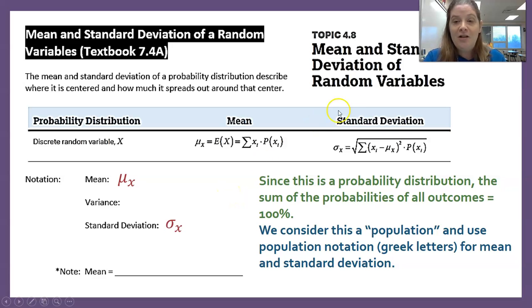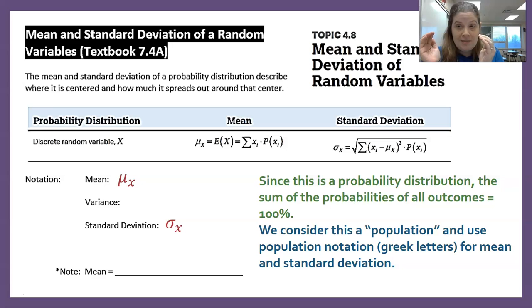As far as standard deviation goes, that's the other one on your formula sheet. That one is sigma sub x, so that Greek sigma instead of that lowercase s for sample. Okay, and to find this, it's every x value minus the mean squared, because that makes it positive, times its probability. So this is very similar to the way that we found standard deviation before. How far away from the mean is it?